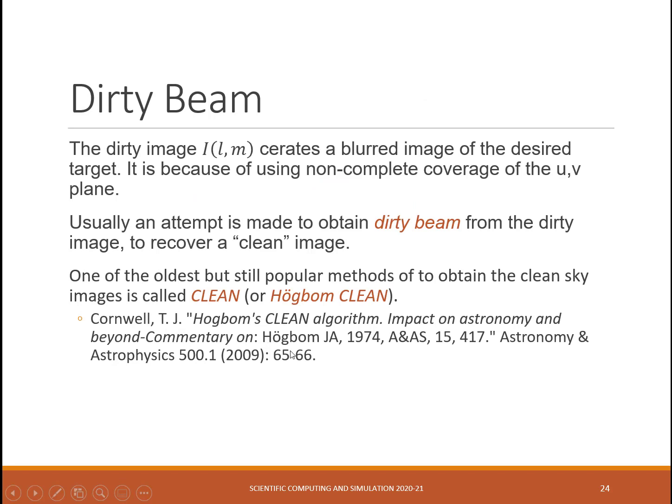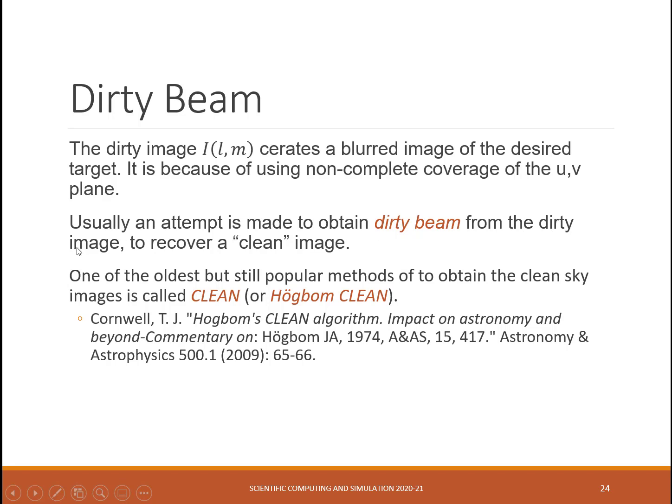It should be mentioned that dirty images, because of using a non-complete coverage of UV plane, are blurred. We can obtain a clean image with higher quality by processing the dirty beam. Dirty beam can be mathematically extracted from the dirty image formula.